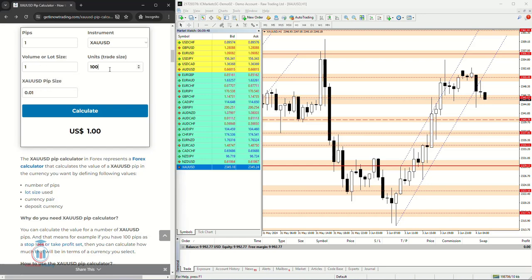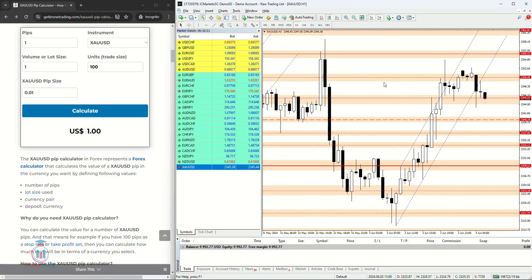So if I would like to calculate the price of 1 pip that has changed, and in my case the price changed by 150, this means I put here the units, which is the trade size, and I put the pip size, which is the second decimal point for the pip, click calculate, and you get that when the price changes by 100 units, and that means 100 pips, the price on the market, if I open the trade, will change by $1.